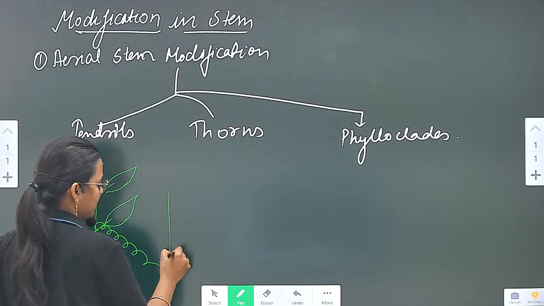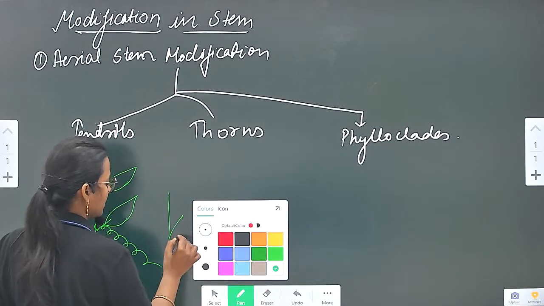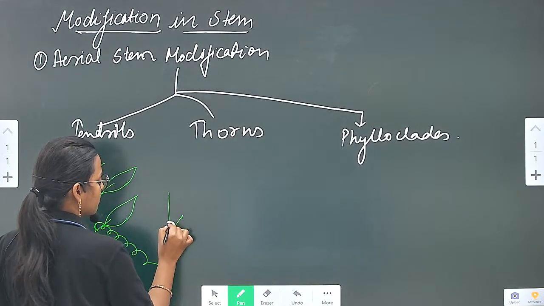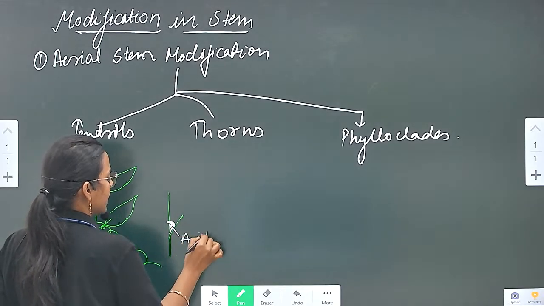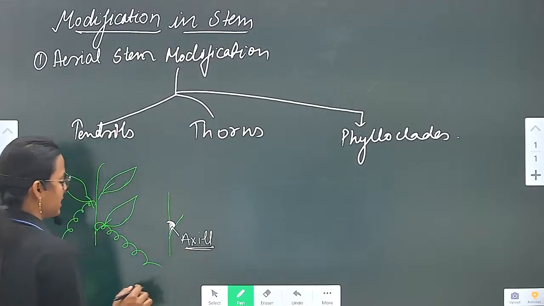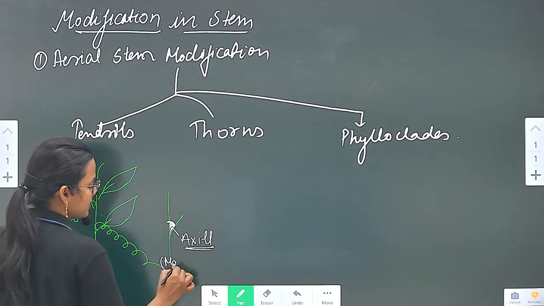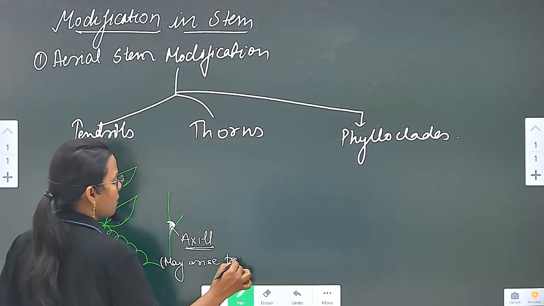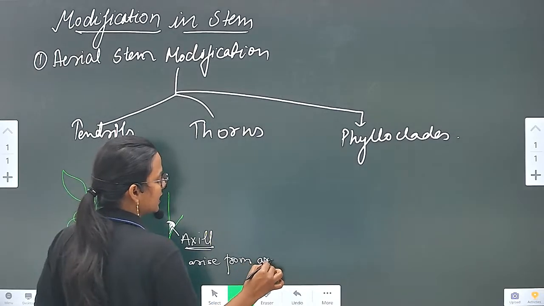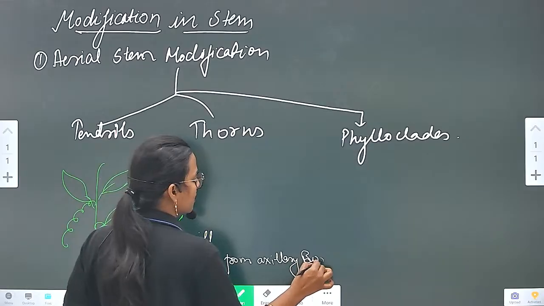If this is the main stem and this is the branch arising from it, then this region is simply called the axil. So, tendrils may arise from the axillary bud.